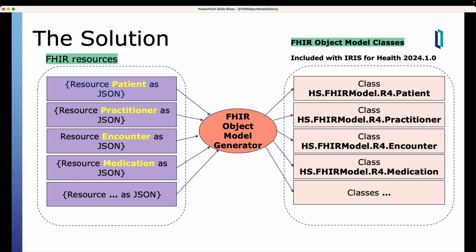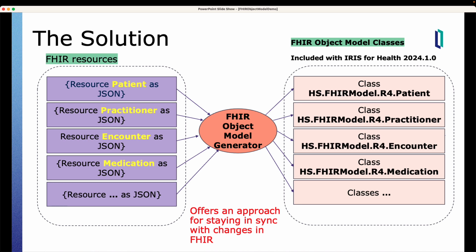So we came up with a solution to create FHIR classes. These classes take these dynamic abstract objects, and using our FHIR Object Model Generator, we generate corresponding classes in IRIS for Health, as you can see here. This offers us an approach with the generator to stay in sync with changes in the FHIR standard.